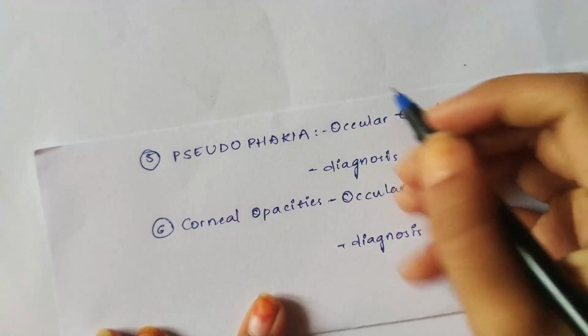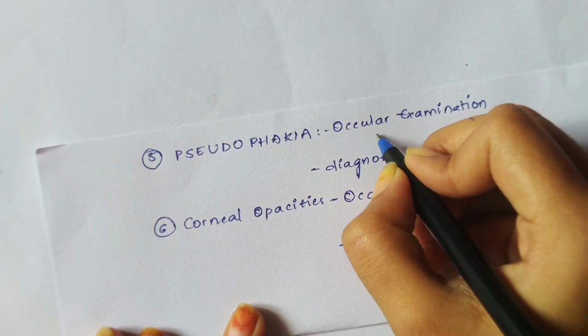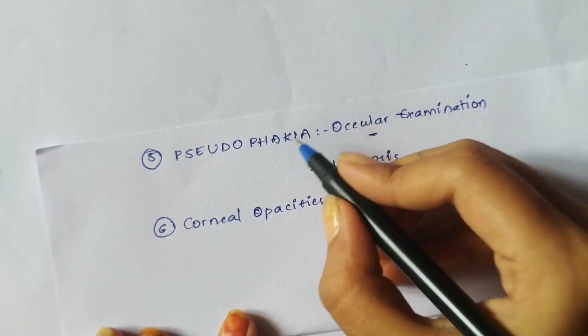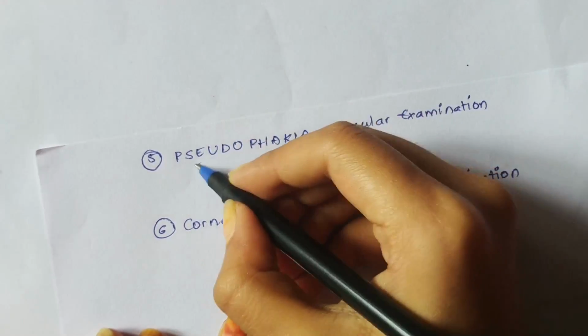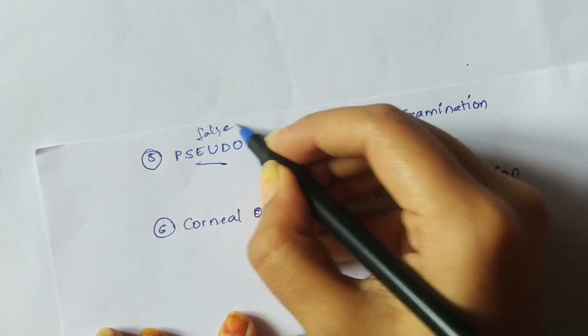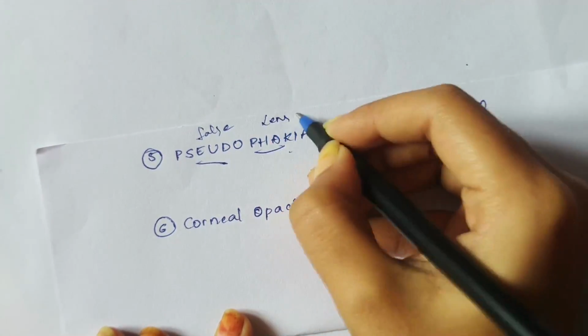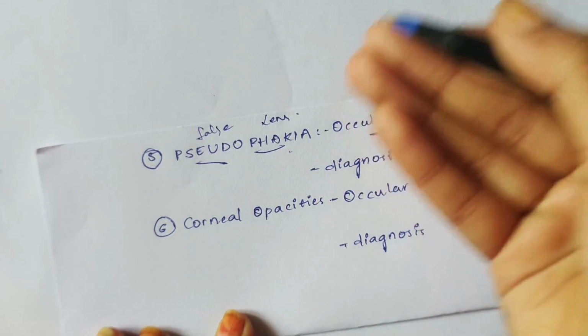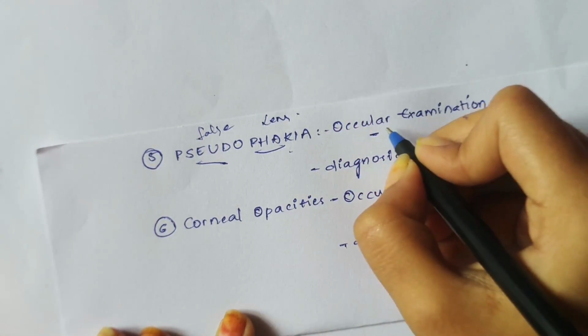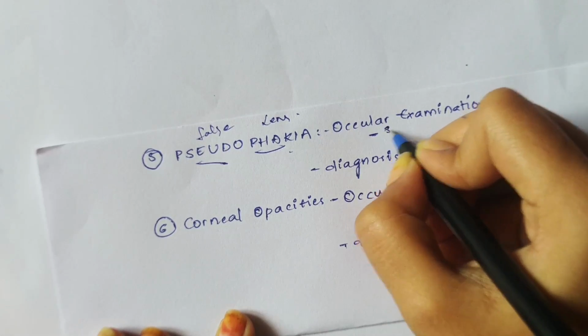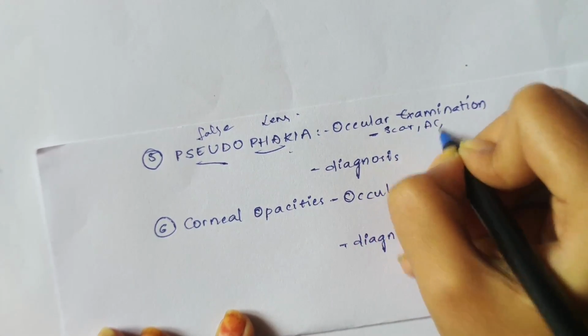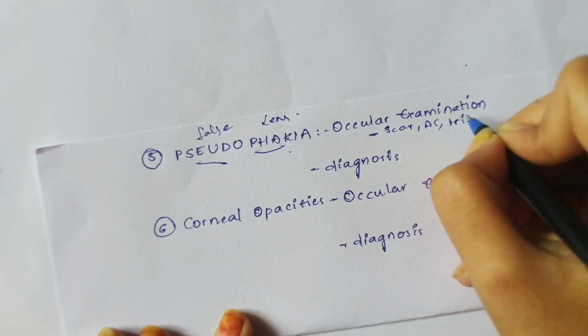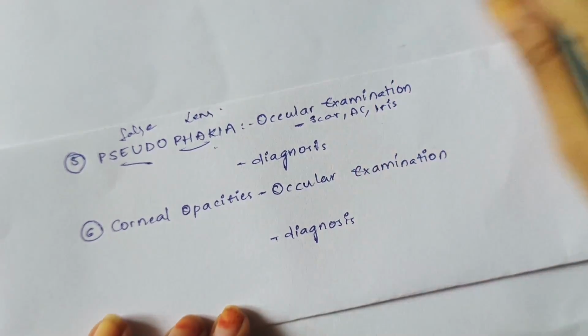And coming to pseudophakia. So what is pseudophakia? Pseudo means false, phakia means lens. The natural lens is removed and a false or artificial lens is placed. In this, as usual, a scar is seen, the anterior chamber is deep, and the iris is tremulous and iridodonesis is seen.